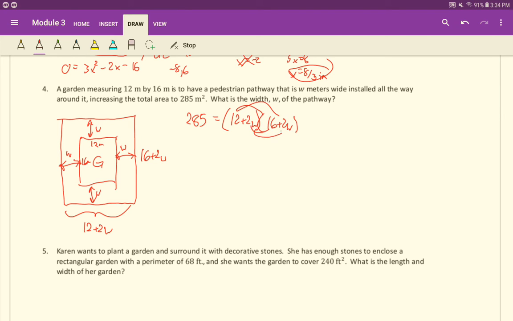So distribute, distribute. 12 times 16 is 192. And then, let's see, 24 plus 32, so 56.